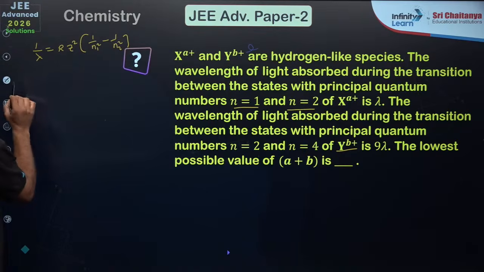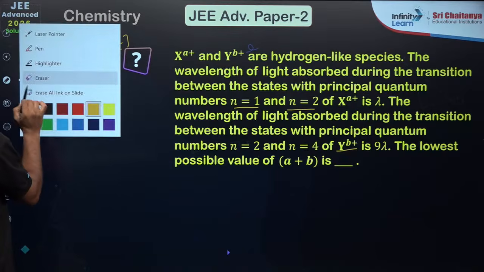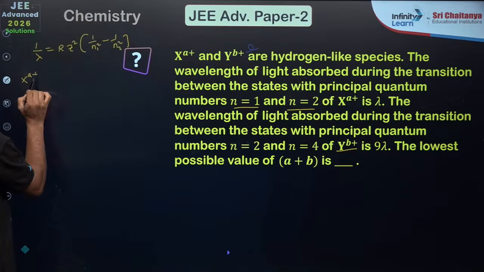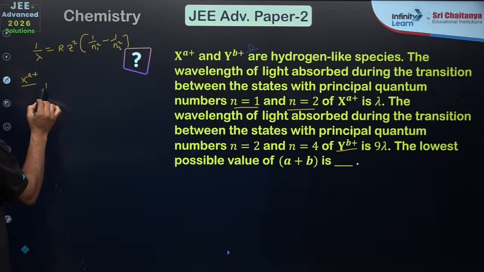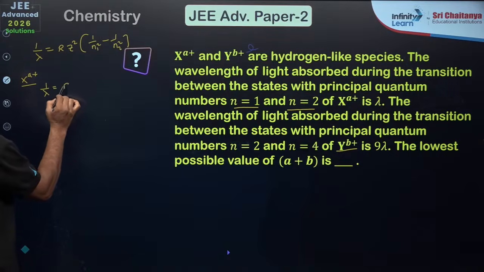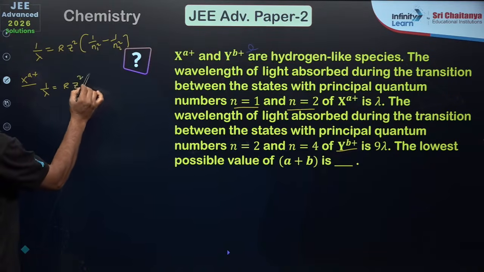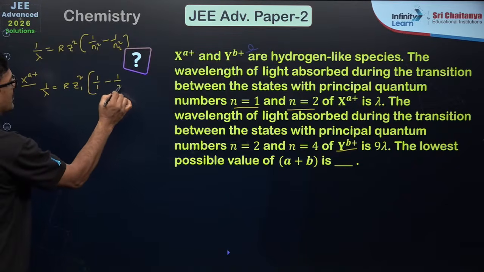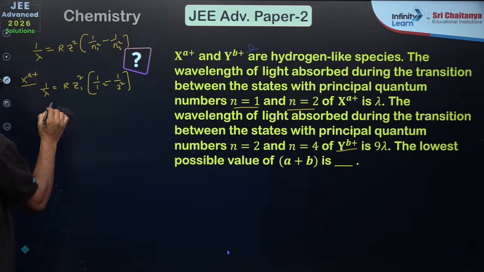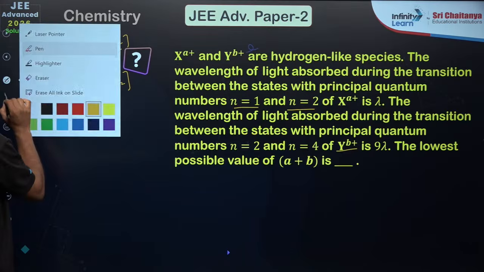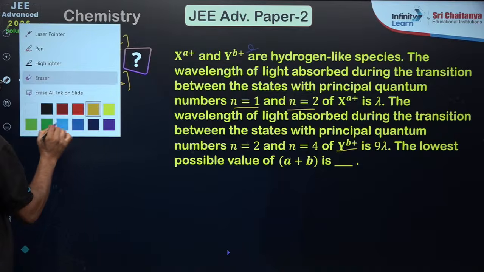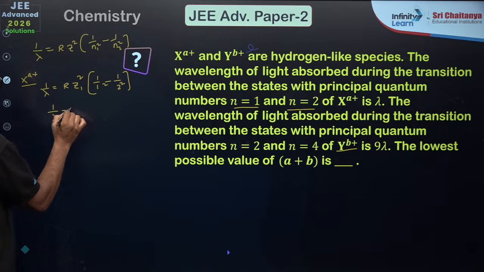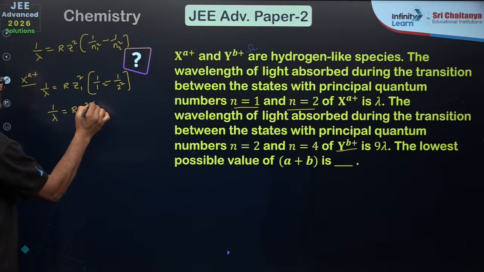So for XA plus, 1 by lambda is equal to R Z1 square into 1 by 1 square minus 1 by 2 square. So 1 by lambda is equal to R Z1 square, 3 by 4.